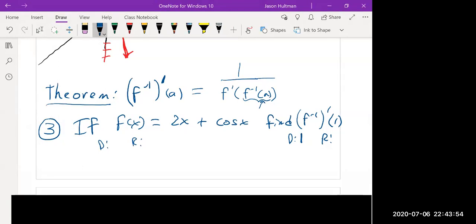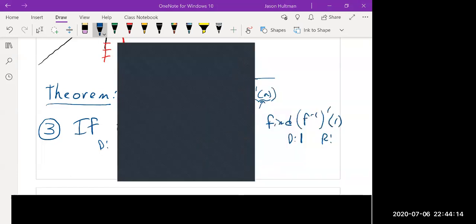So if we want the domain to be 1, then what does that tell me about the original function? Anybody? Say it again. The range is 1. The range would be 1, right? Very, very good. Who is that? Okay, Anthony got it.